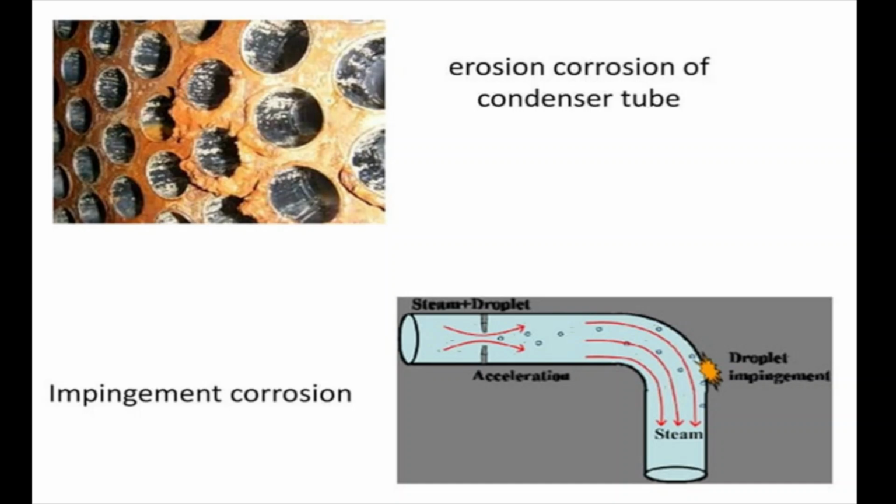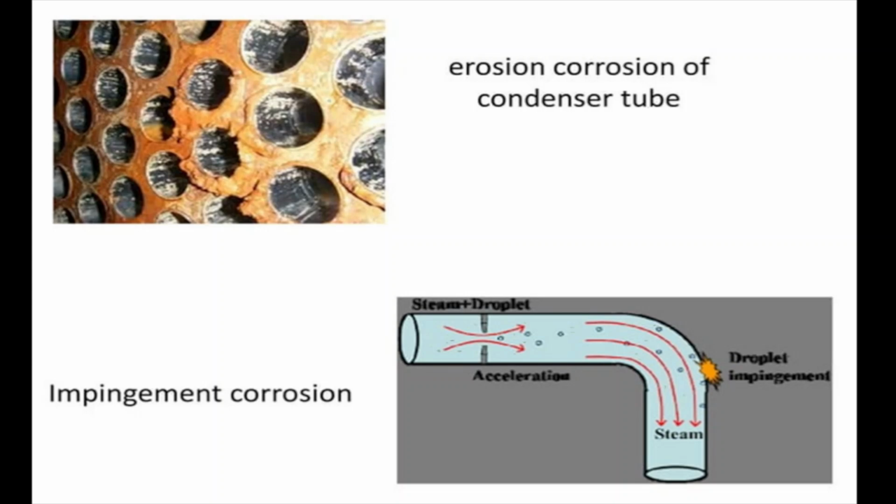This leads to erosion corrosion on the condenser tube in different types of heat exchangers, evaporators, etc. Over here you can see this type of erosion corrosion of the condenser tube, which is very common.